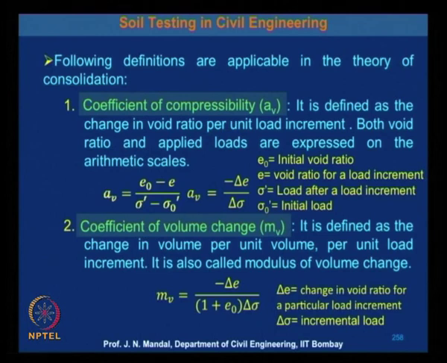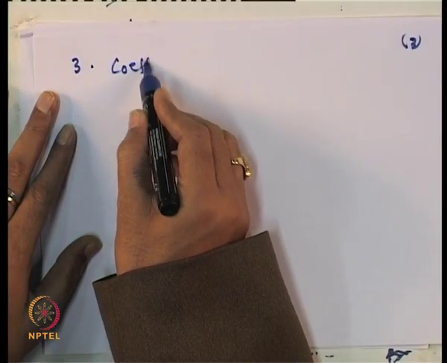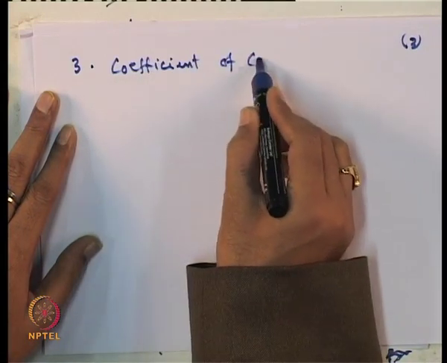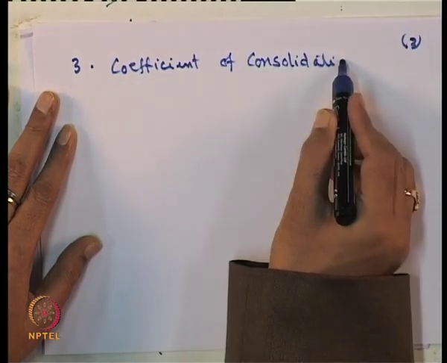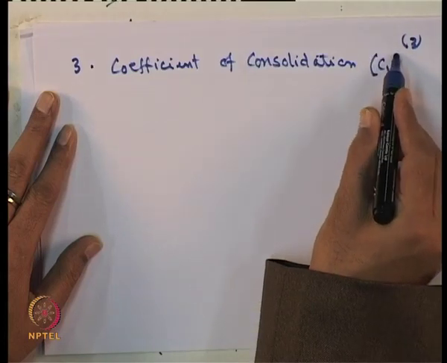Then another term, also very important, is what we call the coefficient of consolidation. This is a very important parameter, and this is designated as Cv.